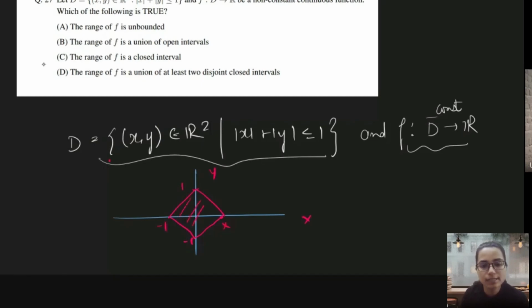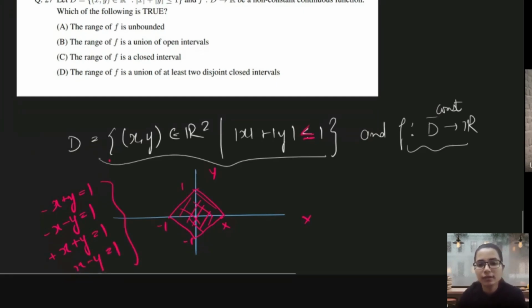It covers the inside portion and the boundary also, because mod x plus mod y is less than or equal to 1. You can easily draw this by taking the 4 cases: minus x plus y equals 1, x plus y equals 1, and x minus y equals 1. It is just the intersection of these 4 lines.